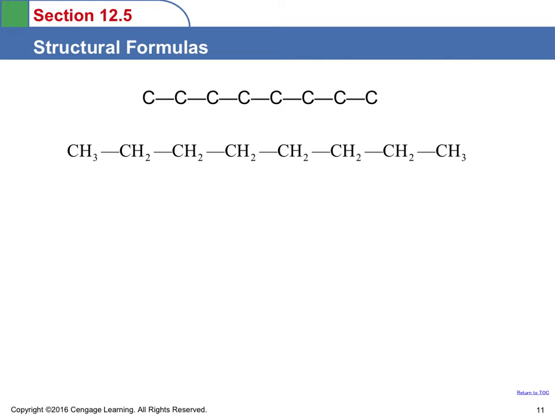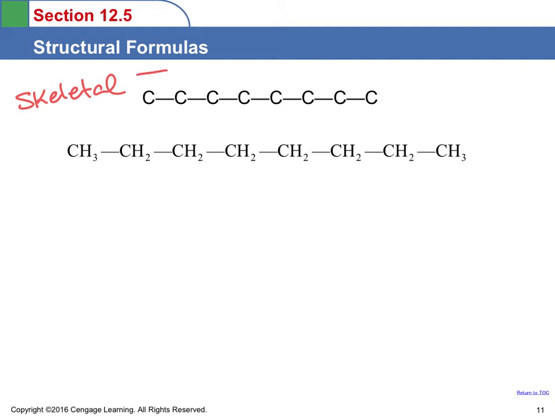One more way we can draw our structures is called a skeletal structure. In skeletal structures, all you show are the carbons and how they're bonded to each other. All of the hydrogens are completely eliminated. This works because we know carbon has to have 4 bonds.